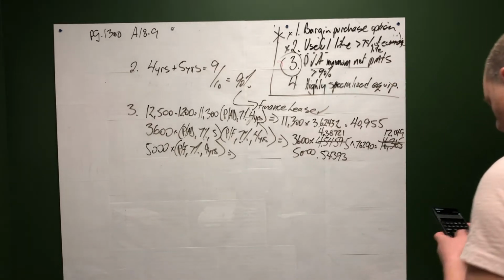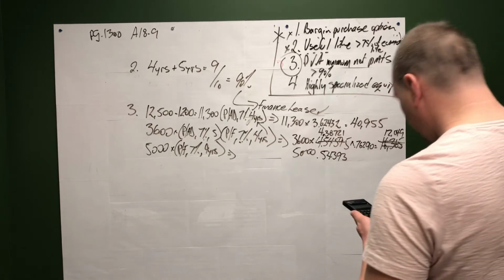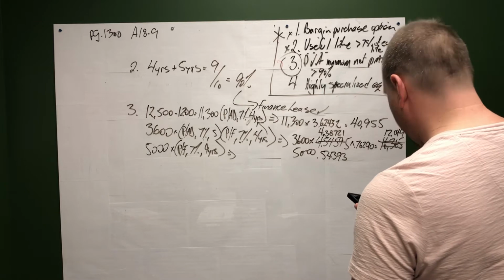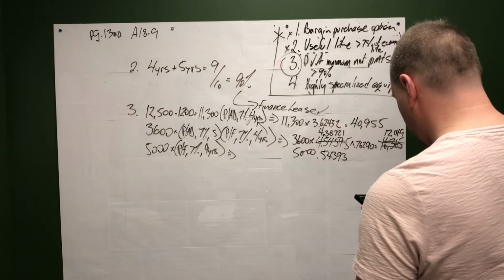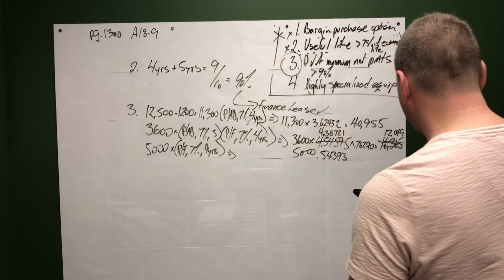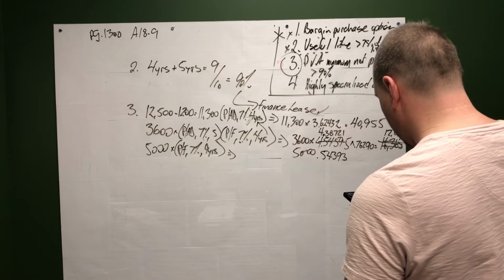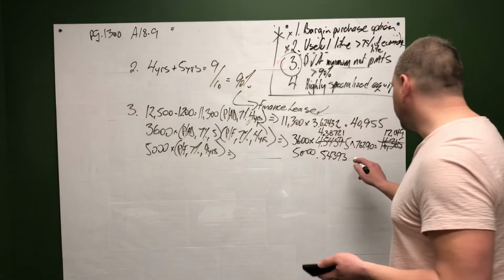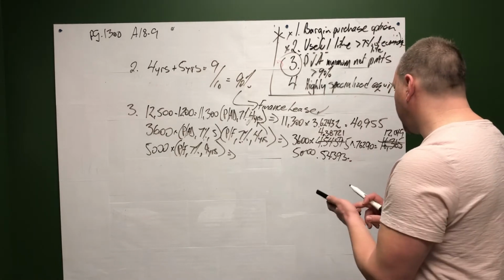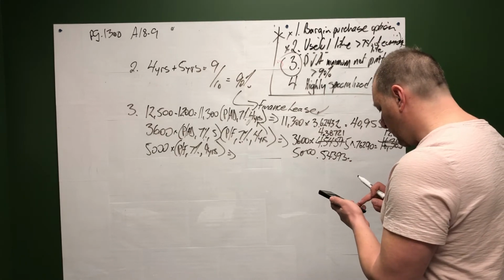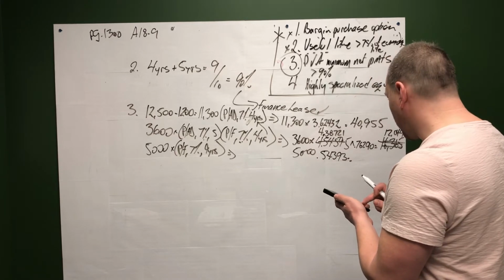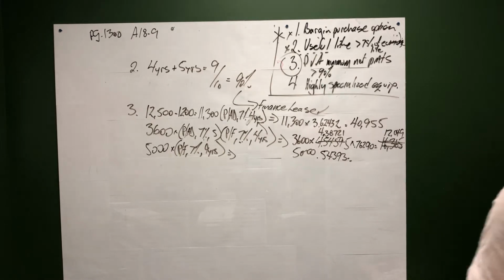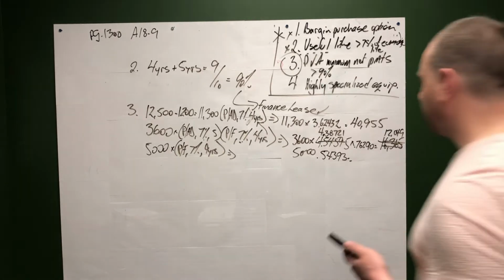One more time, 3,600 times 4.38721 times 0.76290, and we get 12,049. And lastly, the residual value's present value is $5,000 times 0.54393, and we get 2,720.